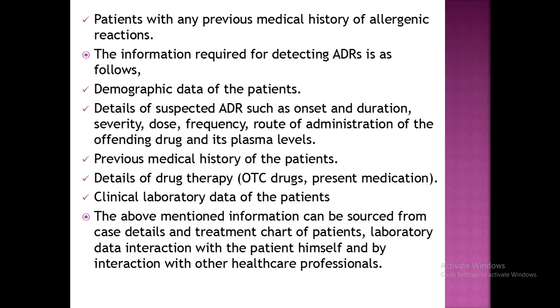But what happened in the late 1950s and 1960s, Dr. Widukind Lenz and Dr. William McBride observed an association between thalidomide and congenital malformations. They observed that approximately 10,000 children were born without limbs, that is without hands and without legs.